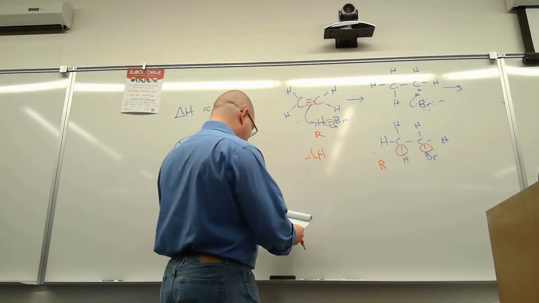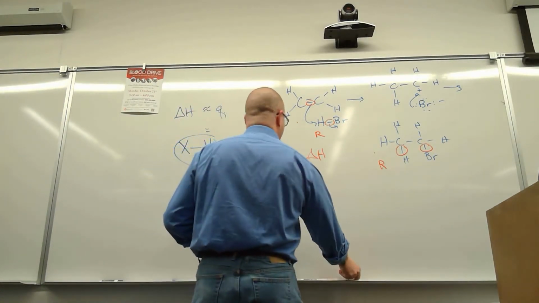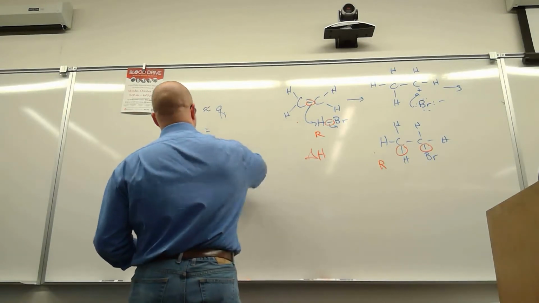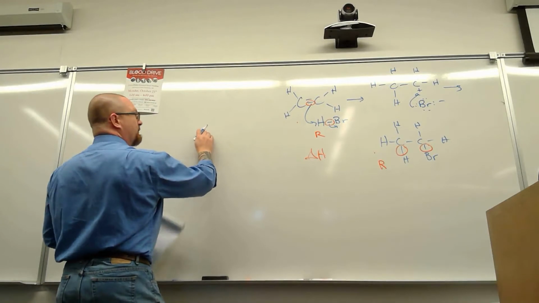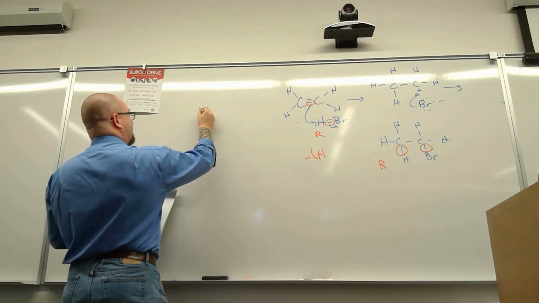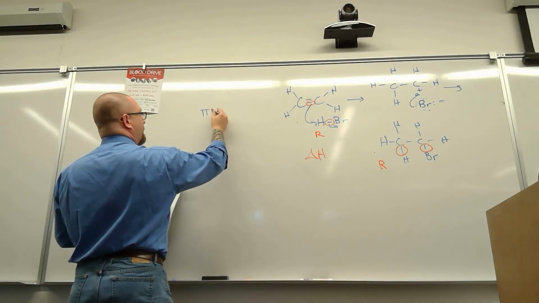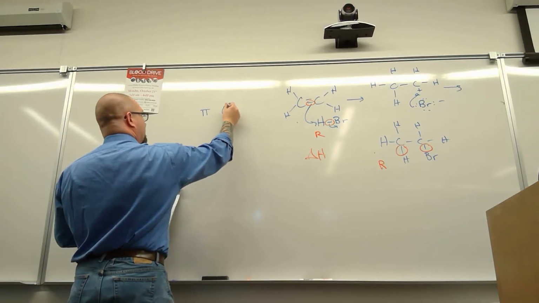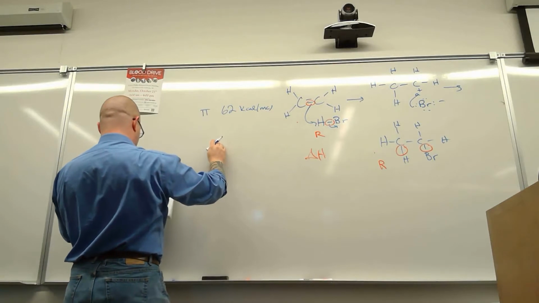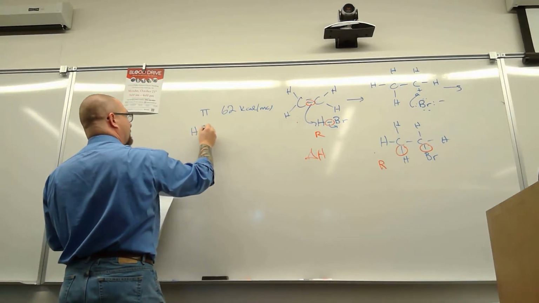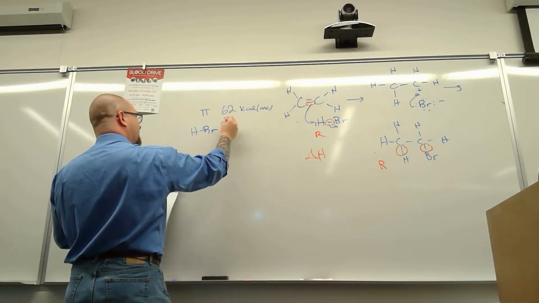And in this particular case, we can look up all of these bond energies, and we can find that the pi bond for ethane is 62 kilocalories per mole. The bond between the hydrogen and the bromine is 88.